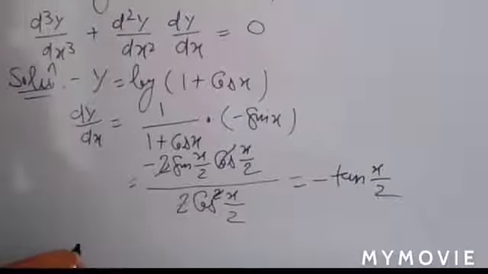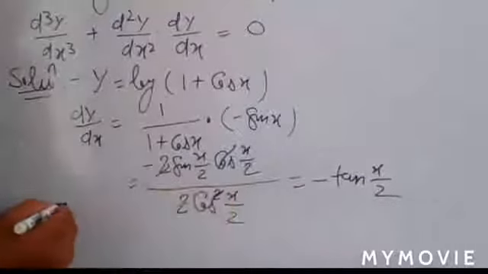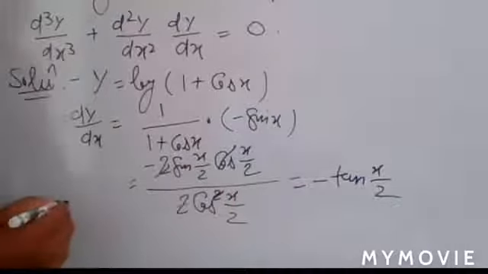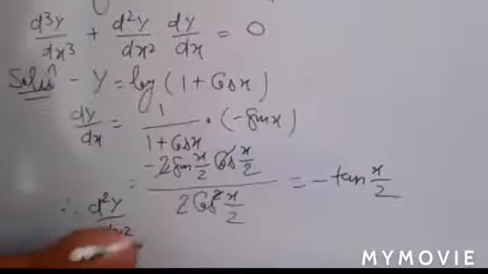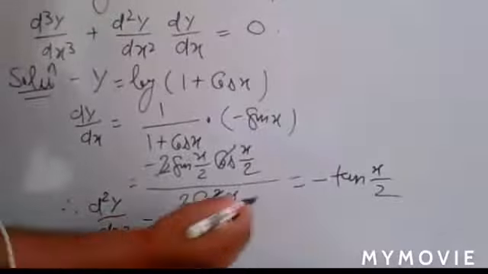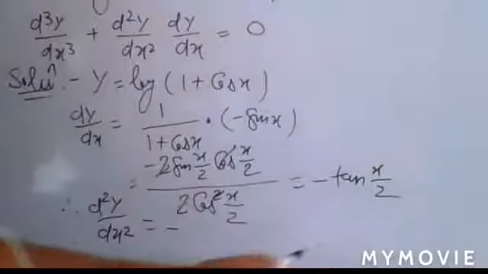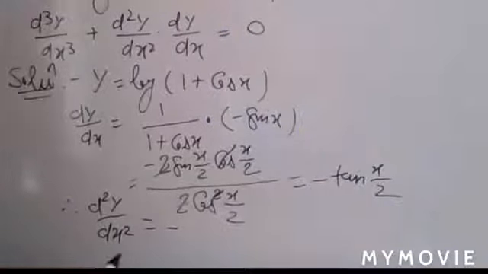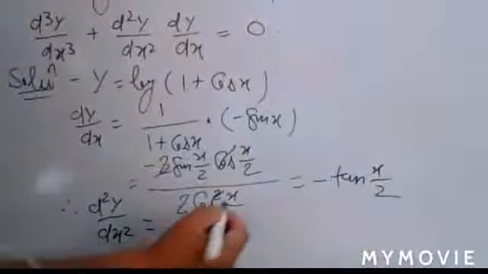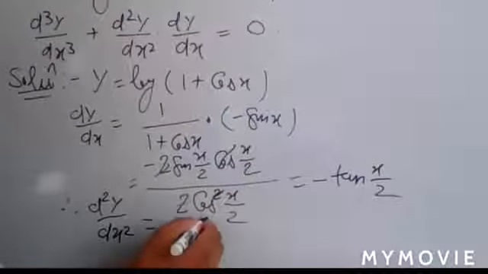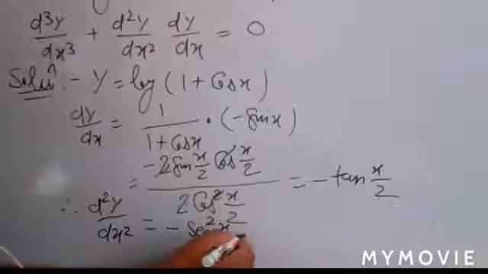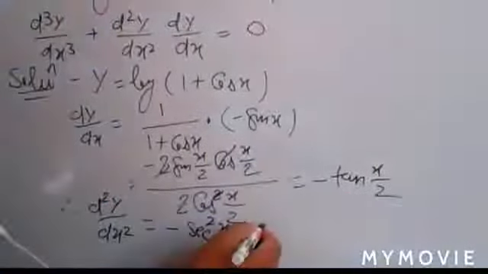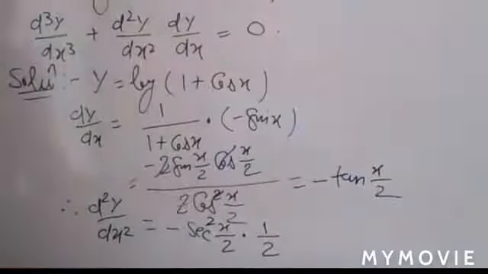Okay. Now, if you are taking the second derivative, so you write, hence, d2y by dx2 is equal to minus, and tan x by 2 can be treated as tan x. And the derivative of tan x is what? Sec square x. So in place of tan x by 2, here you write sec square x by 2 into differentiation of x by 2, which is 1 by 2.